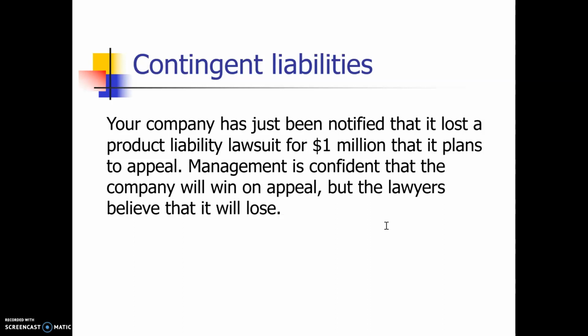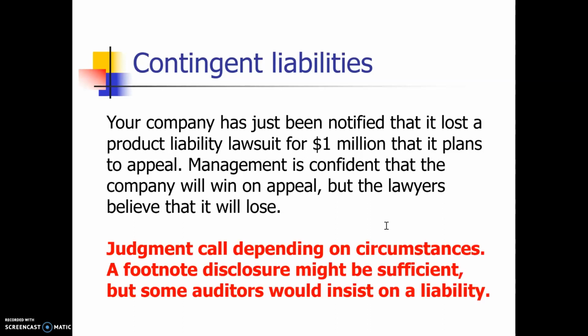We don't need to record a liability for $1 million. As I said, companies don't like to show big liabilities, but it's going to depend on the auditors, who may not give you an unqualified audit report unless you record the liability. So that's going to be a discussion between the company and the auditors.